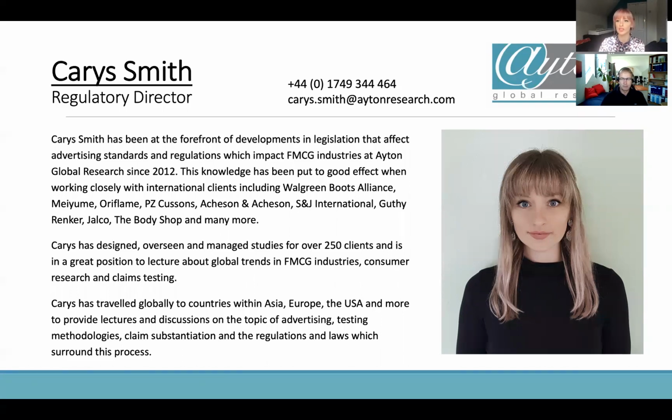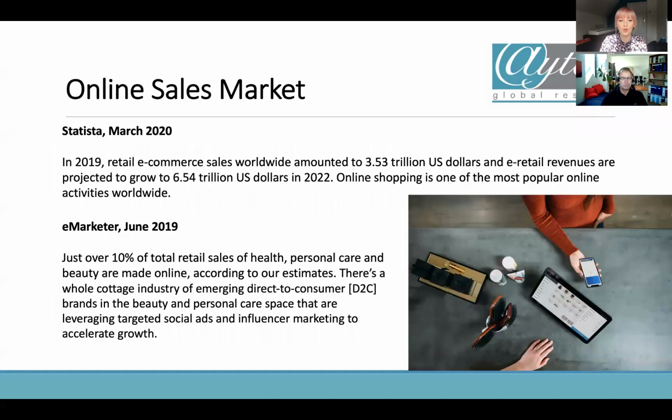But also some cosmetic regulations, because usually we're testing a lot of cosmetics, and any other regulations which would affect the evidence that we're providing for our clients. So I've worked at the company for about 8 years now, and I've worked my way through all different sorts of departments and jobs there. So I've got a really good oversight of how the process works and how clients need to use our data as well. So I'm going to hand back to Thomas now to introduce the online market.